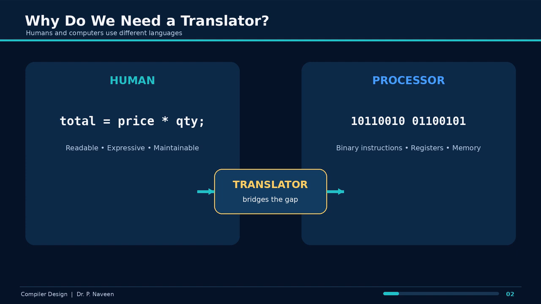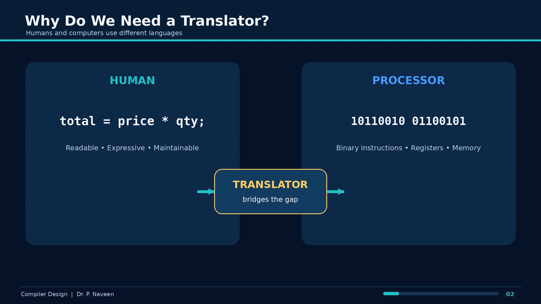For example, if we write total is equal to price multiplied by quantity, we can understand this statement easily. But the computer cannot directly understand these high-level statements. The processor understands only machine-level instructions like zeros and ones. These instructions are represented using zeros and ones.